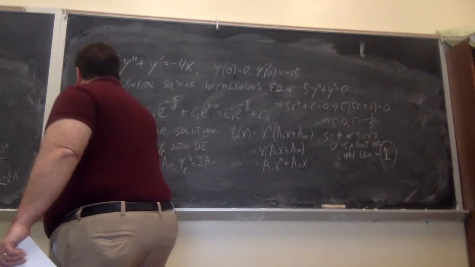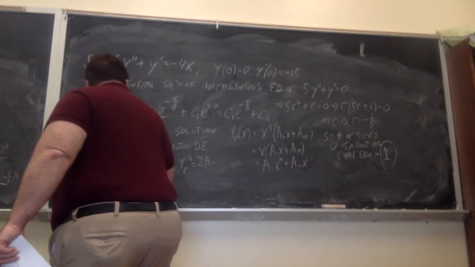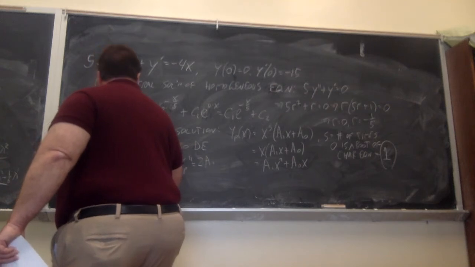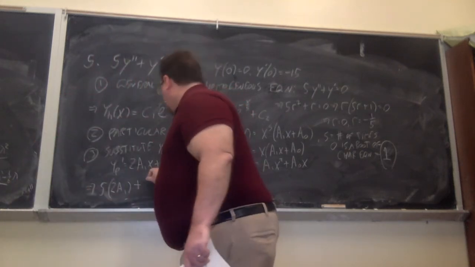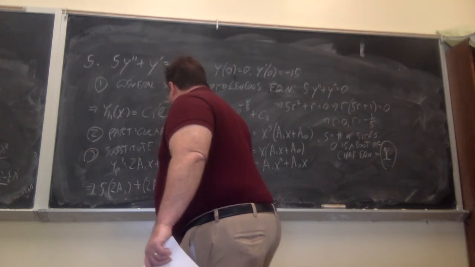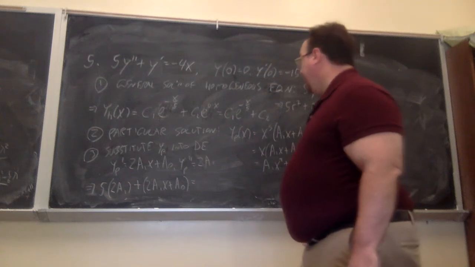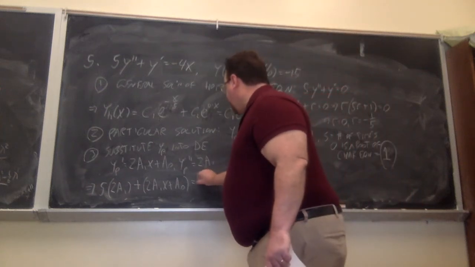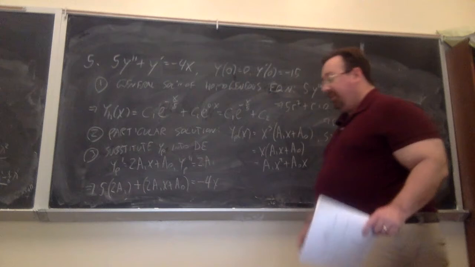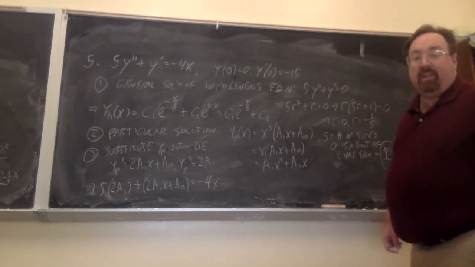So we have 5 times the second derivative, which is 2a1, plus the first derivative, 2a1x plus a0. And that is equal to, to match the right side, the minus 4x. Okay.